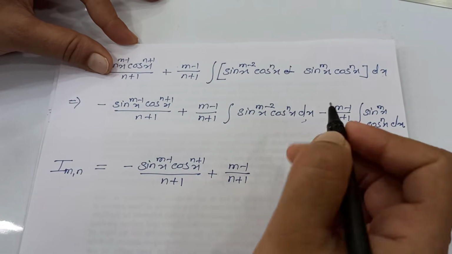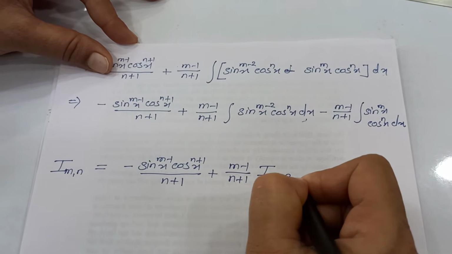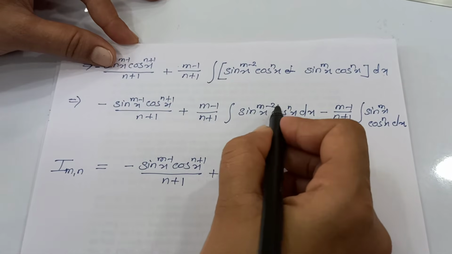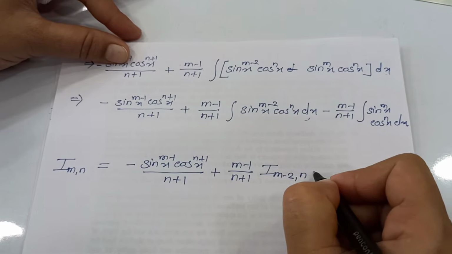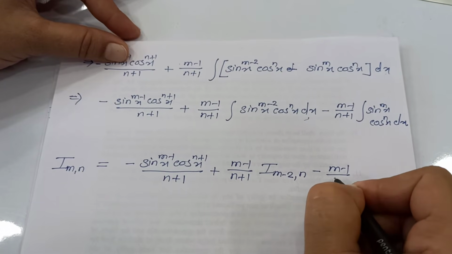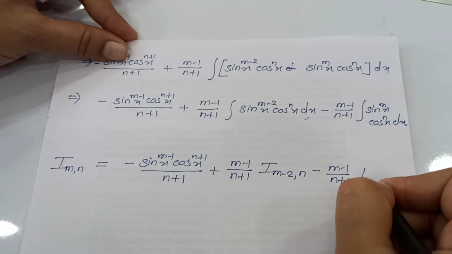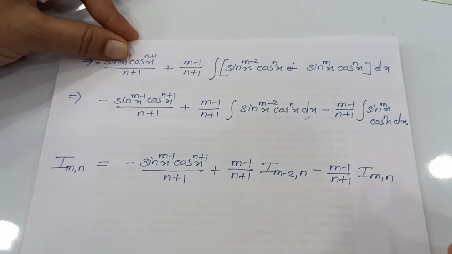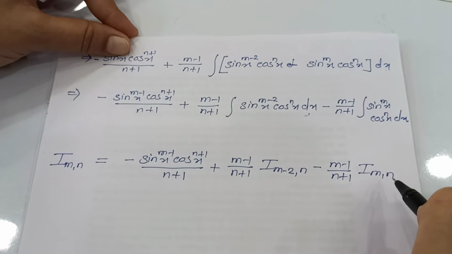Instead of this we will write down its notation form. So I m minus 2 comma n, because instead of m we have m minus 2 here. Then minus m minus 1 upon n plus 1. Instead of this we will write down the notation. It is I m comma n, because we have m and n here. So that's why I m n is the notation.